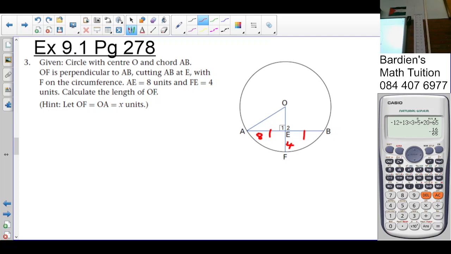So they want you to calculate basically the radius, in other words. They gave us a hint that OF equals OA equals x. So what can be worked out here? Remember, for the theorem of Pythagoras, I need to know what OE is in terms of x.